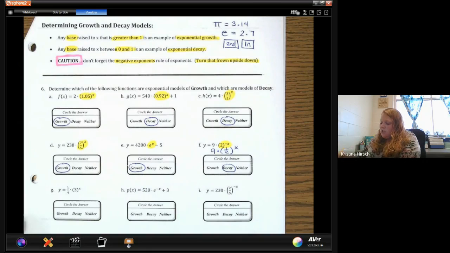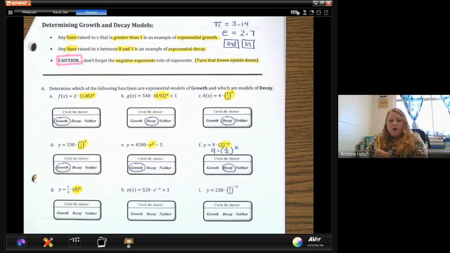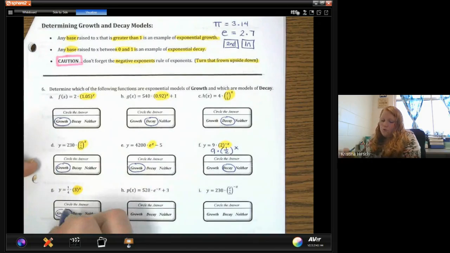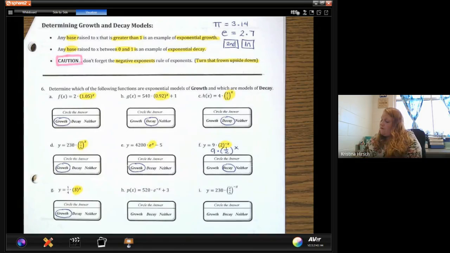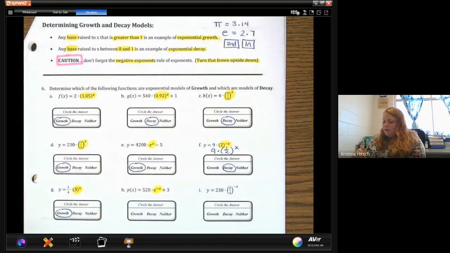So if you look at G, we're looking at 3 to the x. 3 is growth. x is okay because it's positive. So this would be an example of growth. For H, we have e to the negative x. Well, we've already learned that e is a numerical value greater than 1. It's 2.7-ish, so right away I'd be thinking growth.